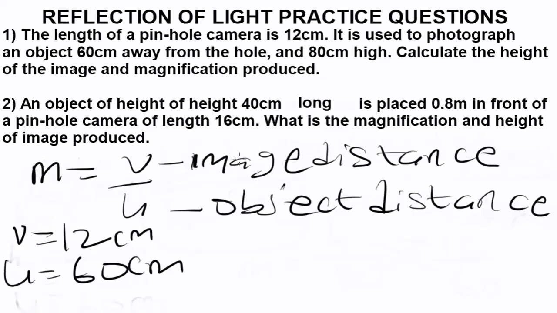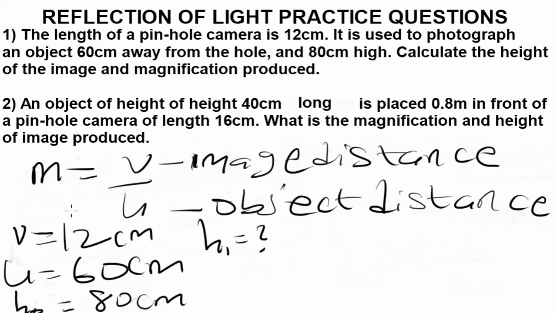We also have the object height, HO, to be 80 cm, and the image height, HI, is unknown. Let's get the magnification first.